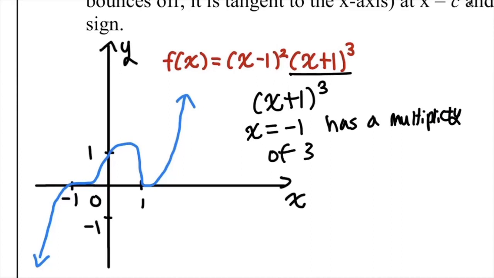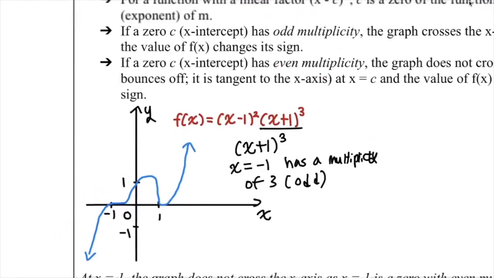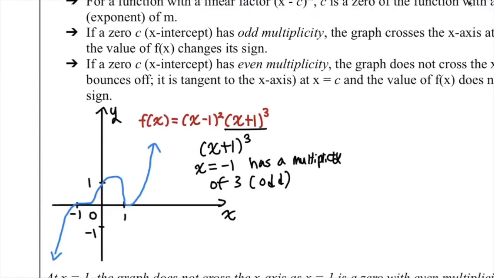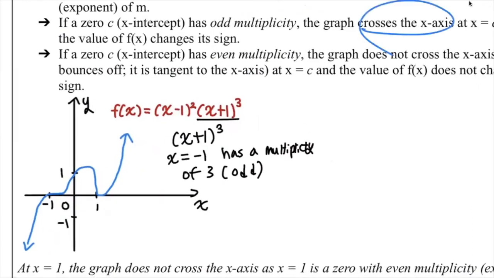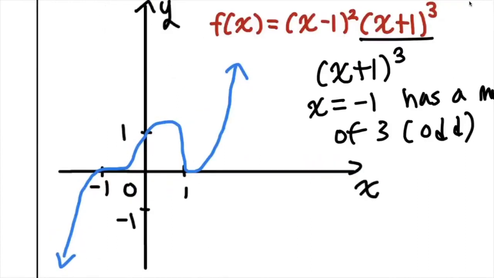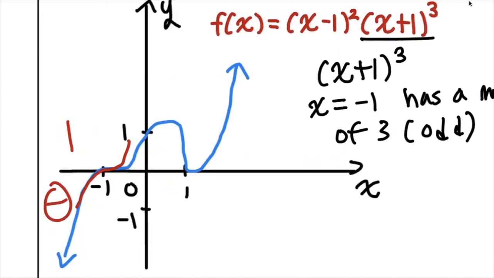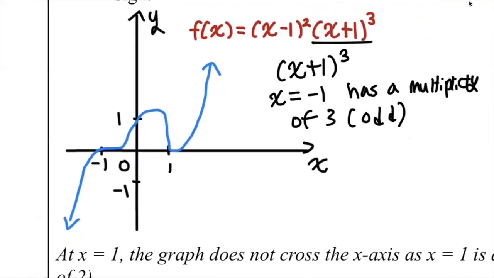And because it has an odd multiplicity at x equals -1, the function crosses the x-axis. If you take a look at this, the function passes through the x-axis, right? So the graph changes its sign from negative to positive because there's an odd multiplicity happening.